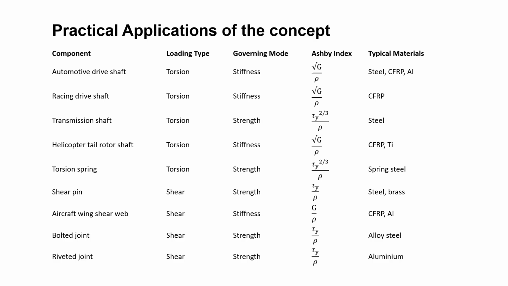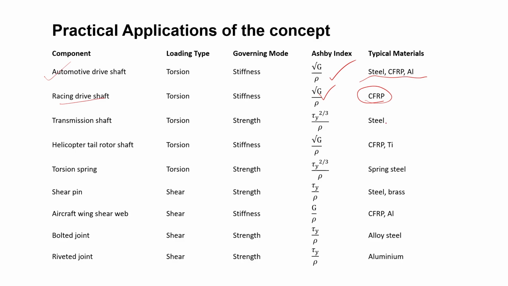Now, if I expand this for all the possible torsion and shear conditions: automotive drive shaft, root of G by rho; racing drive shaft, again root of G by rho, but in this case it is CFRP because it is a racing car; and the other case it is steel, CFRP or aluminum depending on the type of use.